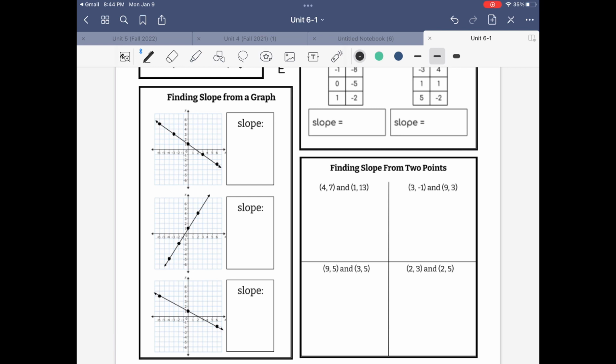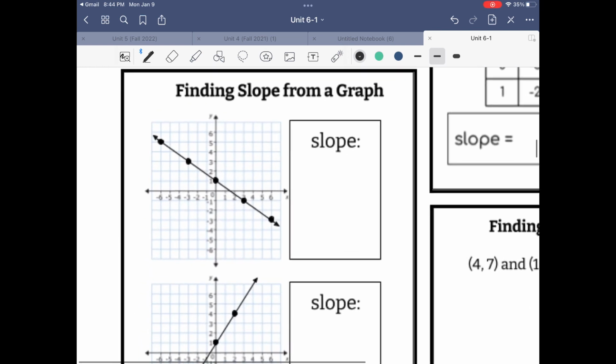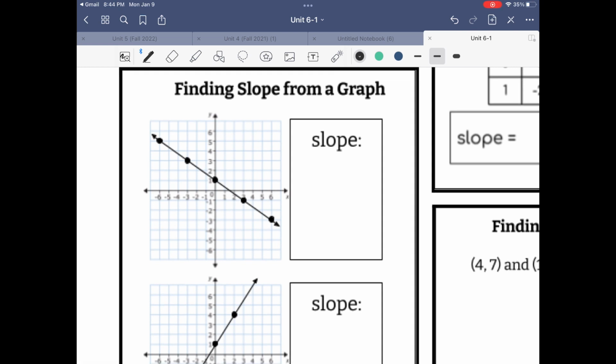So I'm going to zoom in really close on this first graph, and we're going to count the change between any 2 points. It does not matter which two you pick, but I'm going to pick this one and the one next to it on the right. There. So I'm just drawing this so that I can count that I'm going down 2, or negative 2, and over 3 to get my slope.